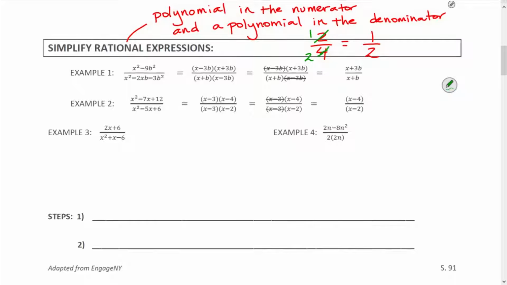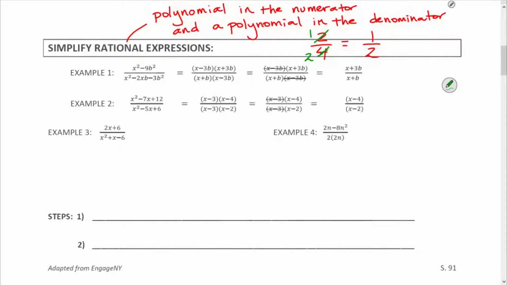That same process that we're doing with fractions, we're doing with rational expressions, but we have to do it a little bit differently because you probably can't factor both of them in your head and look for common factors in your head.